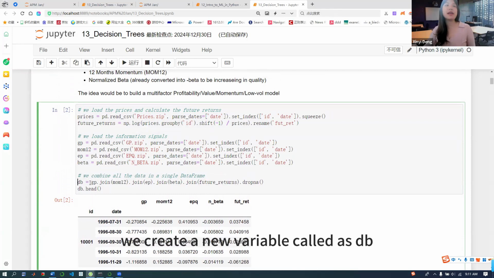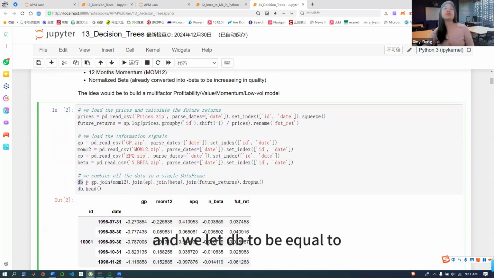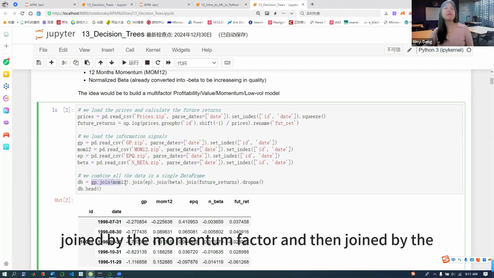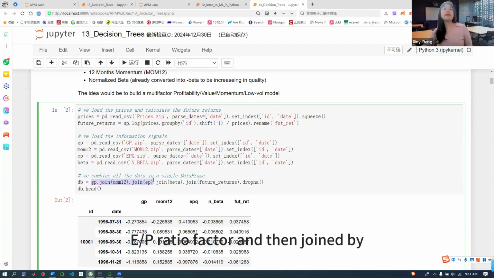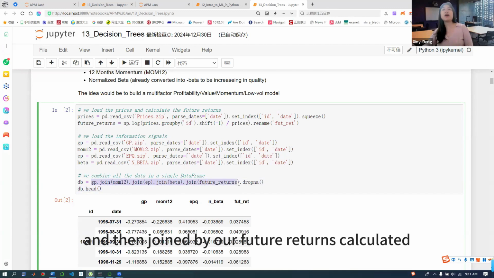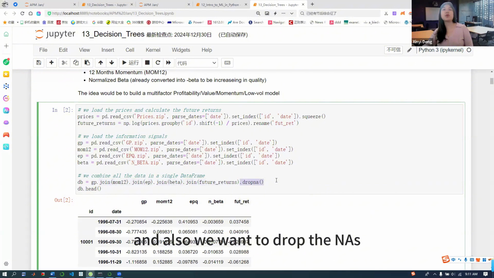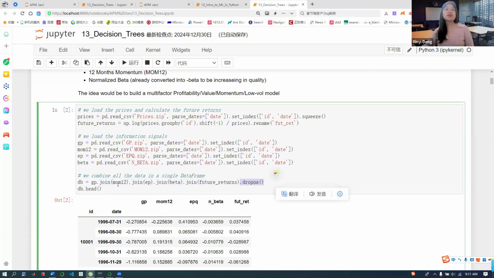Here we create a new variable called db, and we let db be equal to the GP, that's gross profitability, joined by the momentum factor, then joined by the EP ratio factor, then joined by the low volatility factor, and then joined by our calculated future returns. And also we want to drop the NAs. So yes, let's execute that cell.